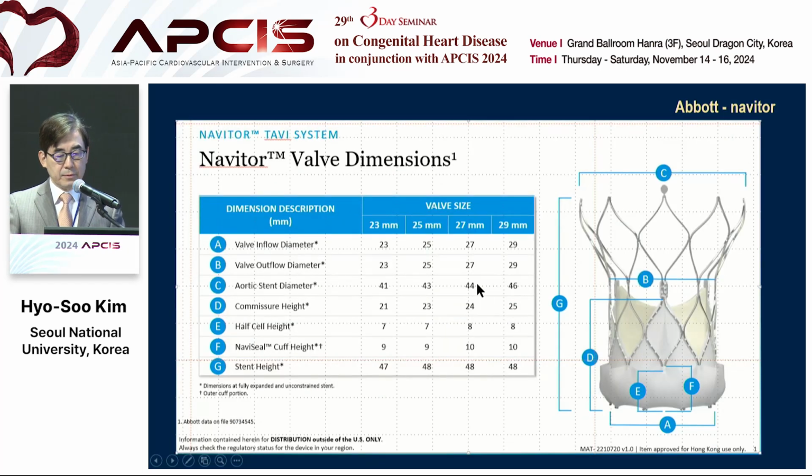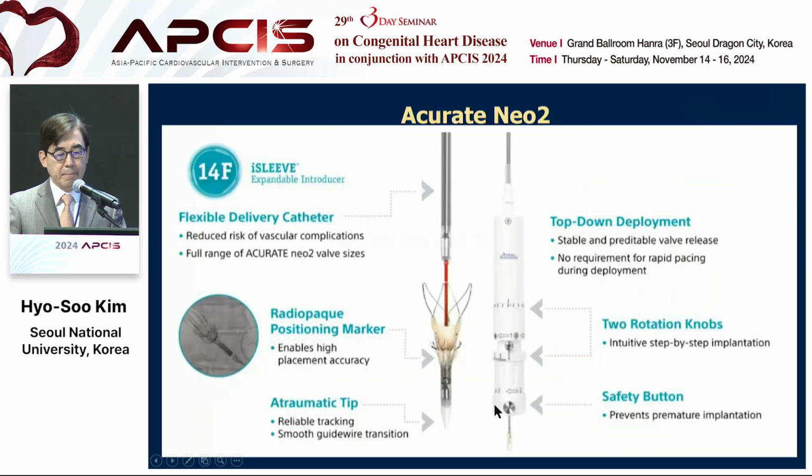And Navitor is an intraannular design, but self-expandable. Large cells, so future coronary accessibility is good. Orifice area is not so narrow because it has a cylinder shape, wider than SAPIEN.